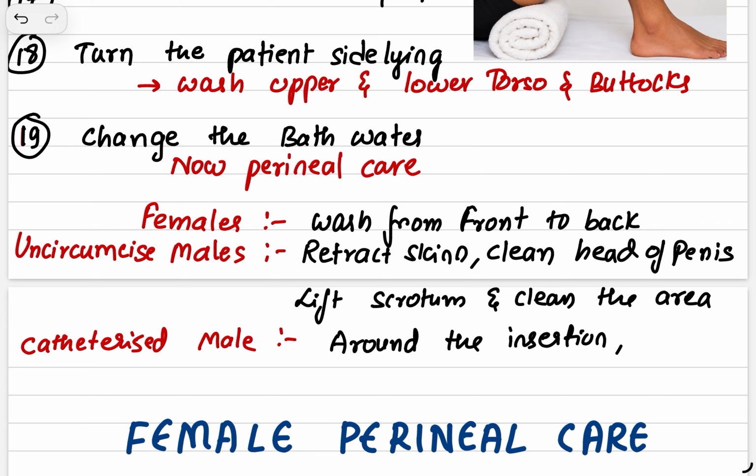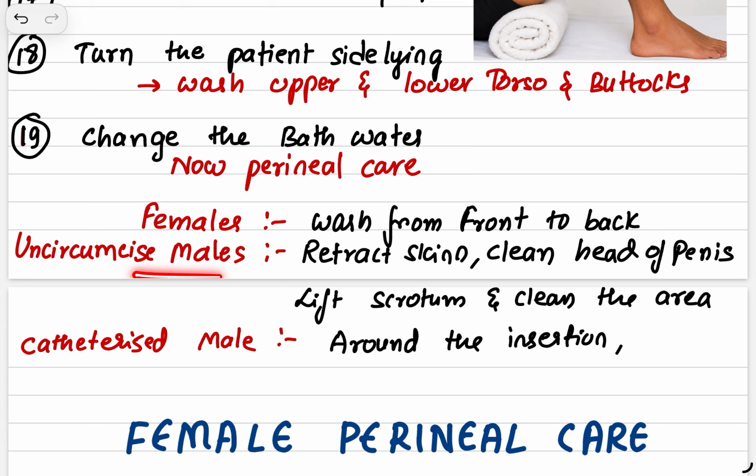Always remember, we have to clean from the least contaminated to the most contaminated area. So where is the most contaminated? That is the anal area. The anal area is most contaminated. Are you understanding? So we need to clean away from there. Clear?